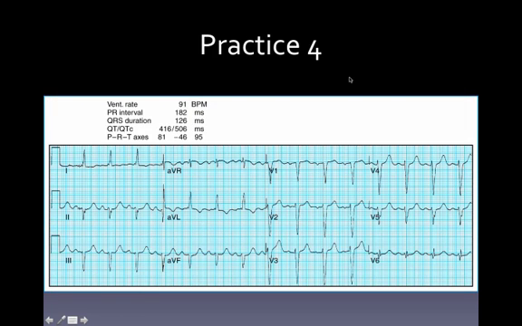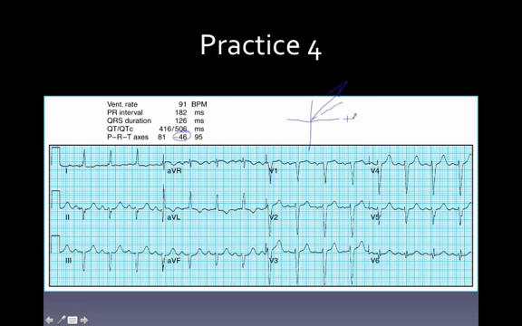Practice number 4. We're going to start doing these a little bit quicker. There's some more practice in the homework in this section. Negative 46 degrees is what the computer comes up with. So somewhere around there is where our electricity is headed.